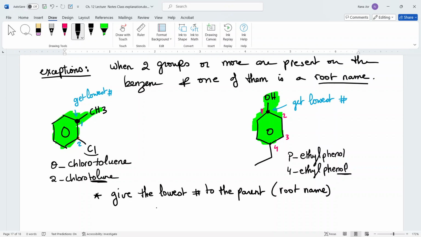So the rule here is that whenever you are naming with a common root, you have to give the lowest number to the root name. So the lowest number to the root name, you have phenol, you have toluene.